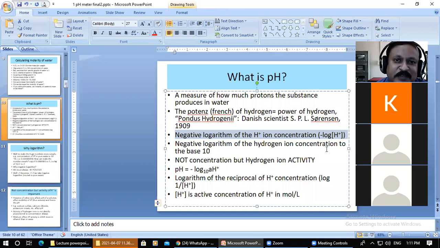Okay, everybody agrees to this? Does anybody have a different answer? I am saying that this answer is not correct. Why we are writing the square bracket is very, very important. The square bracket indicates that this is not just the concentration of protons, but it is the active concentration of protons.